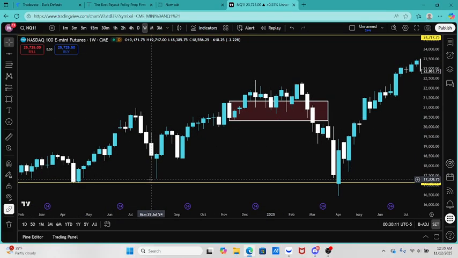A really important thing to realize is many people think that people buying or people selling makes the market go up or down, but that's not true at all. The market moves towards highs, lows, fair value gaps, imbalances in price. It's a very manipulated and controlled algorithm, but once you understand that from that perspective, that's how you can make money versus thinking that it's going to go up because everybody's buying.